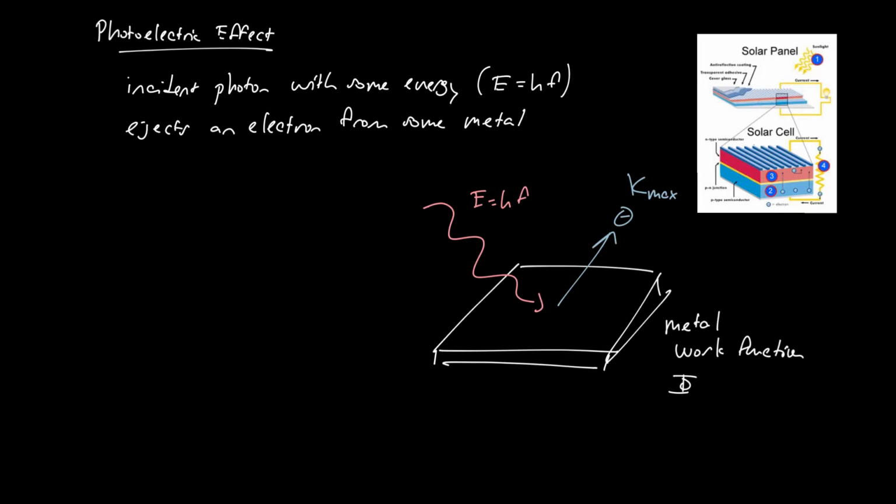And that equation is hf, so that's the energy of the photon, equals K max, so that's the maximum kinetic energy of an ejected electron, plus phi, which is the work function.